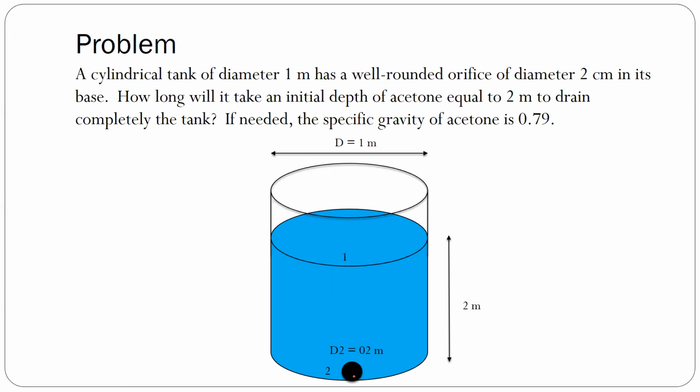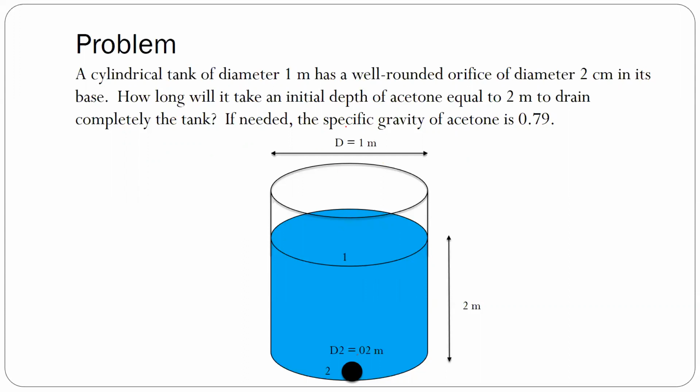And then there's like a small orifice here with a size of 0.02 meters in diameter. So the question here is, how long will it take an initial depth of acetone equal to 2 meters in height? Okay, so initially we have a 2 meter height of your liquid. How long will it take that to drain the tank completely?